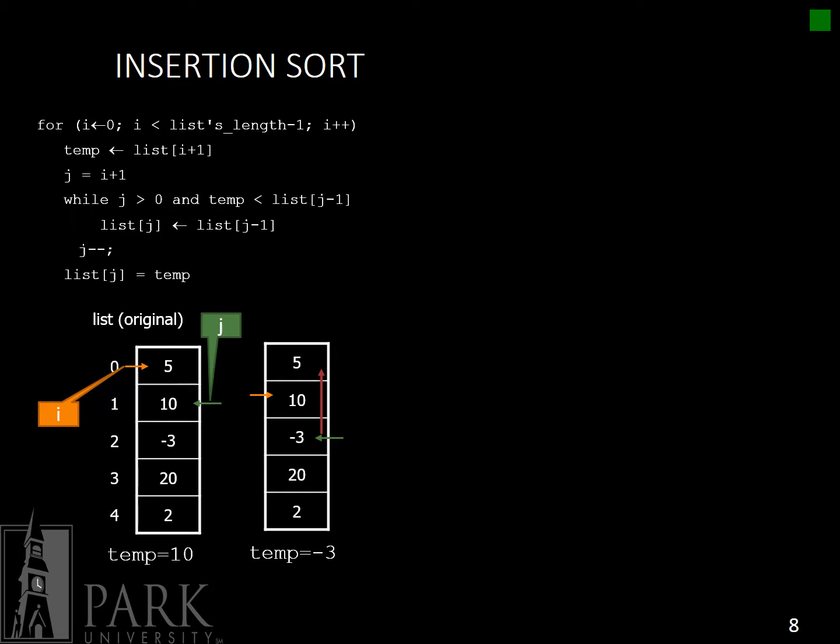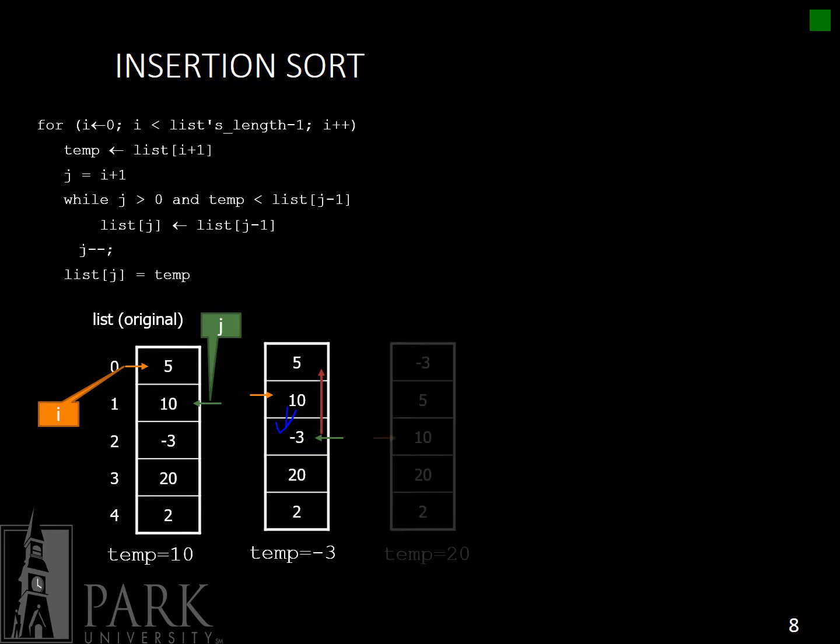So what we're doing is we are going to put our list at J minus 1, moving this 10 down to where -3 is at, right? But we're storing the -3. We put it in the temp variable. Right? And then we're going to decrement J, and we're going to do the same thing.